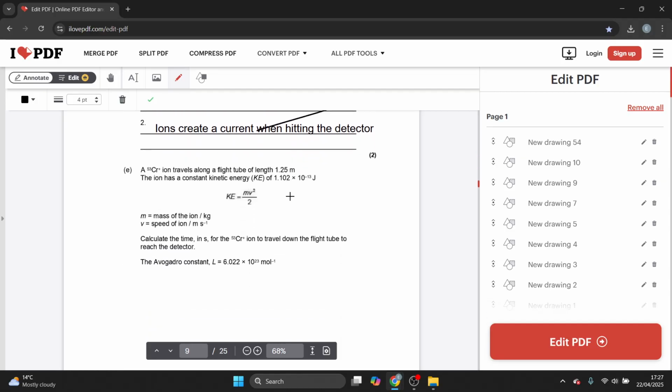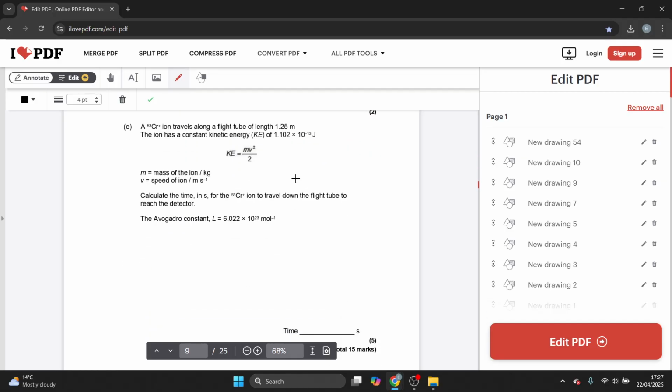Part E. A 53Cr plus ion travels along the flight tube of length this. The ion has a constant kinetic energy of this. The mass of the ion is this. Calculate the time for this ion to travel down the flight tube to reach the detector. Again, a 5 marker on a time of flight mass spectrometry question.